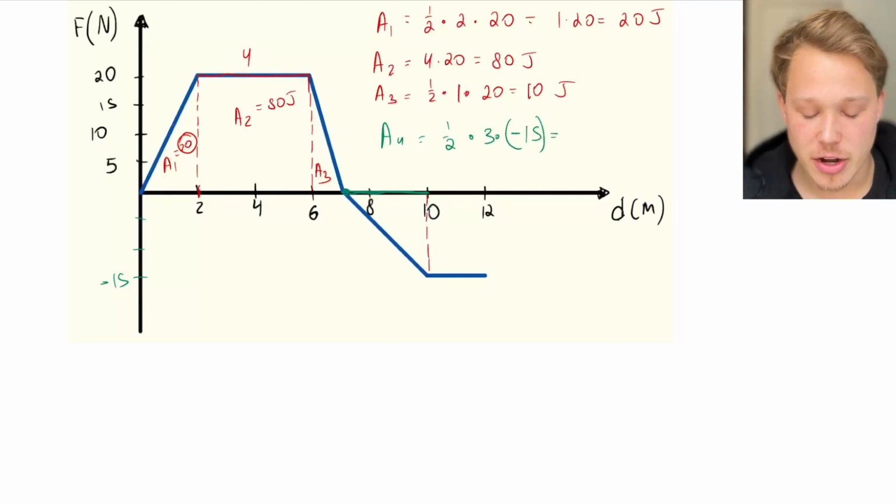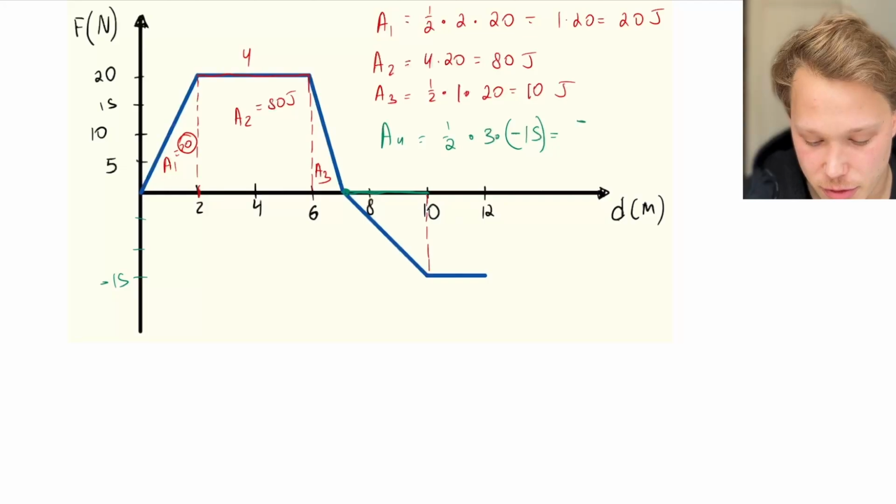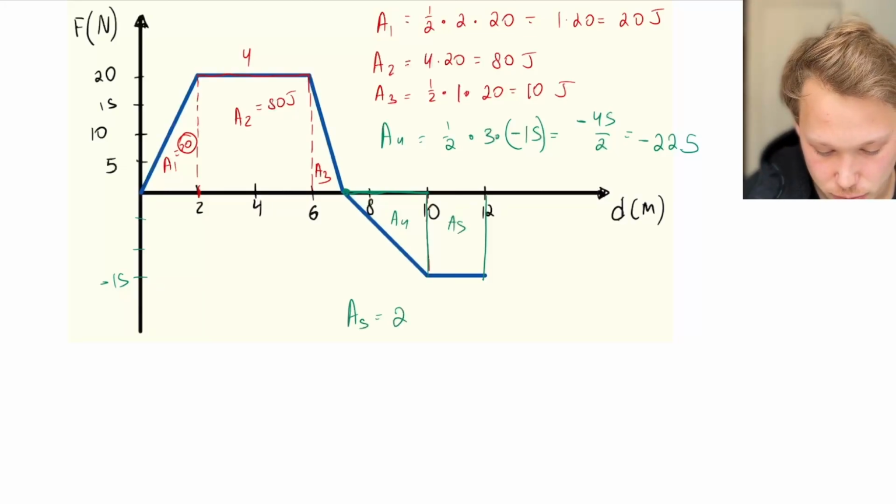So therefore the area is going to be 15 times 3, negative 45 over 2, or negative 22.5. The final area of this is going to be 2, this side right here, times negative 15, or negative 30 joules.